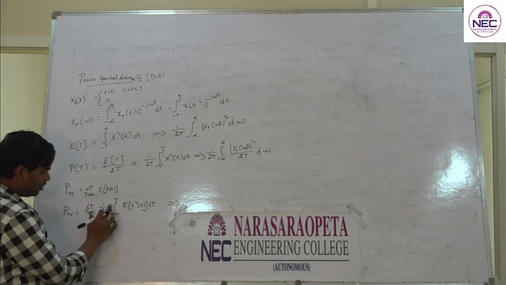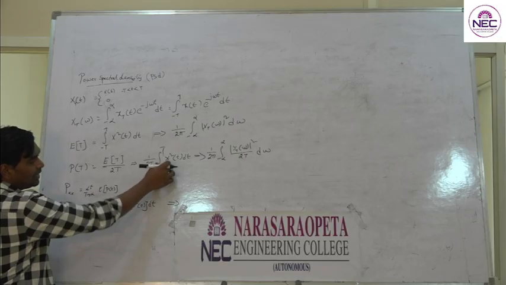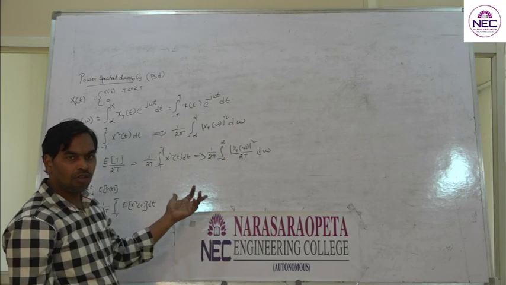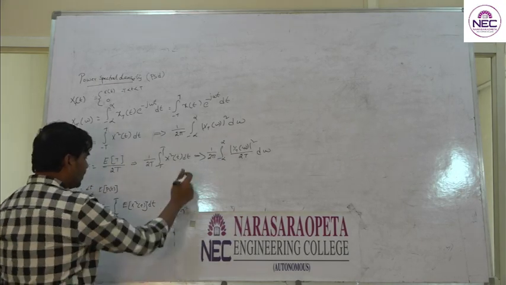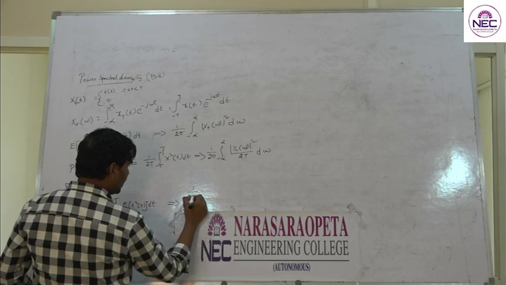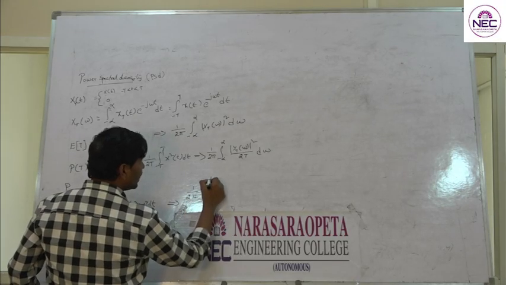So these two terms I have included in this equation, and similarly for this equation also I need to include both those two terms. So what does that represent? 1 by 2 pi integral minus infinity to infinity.